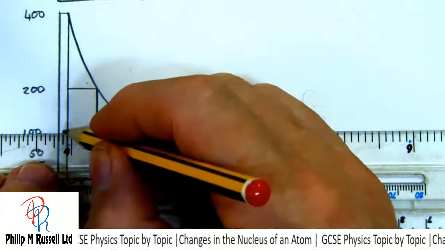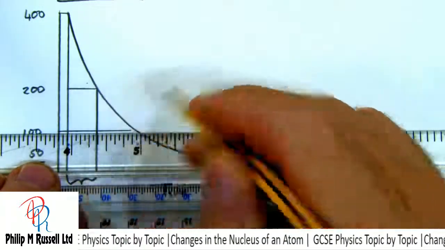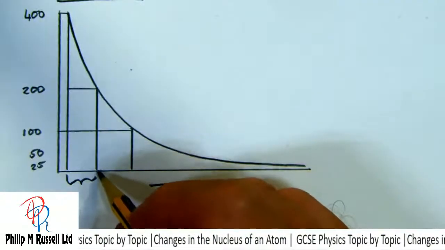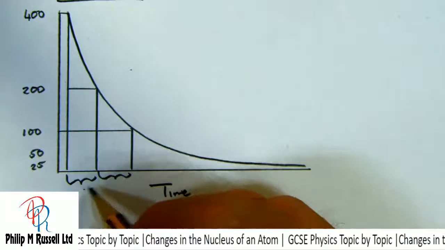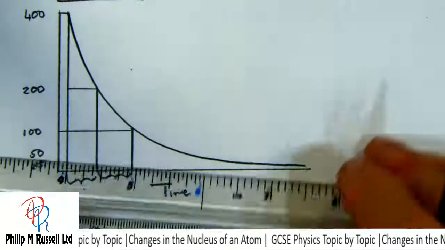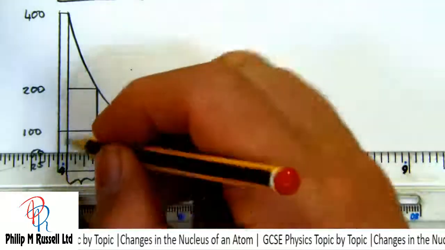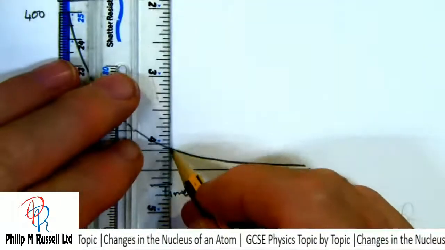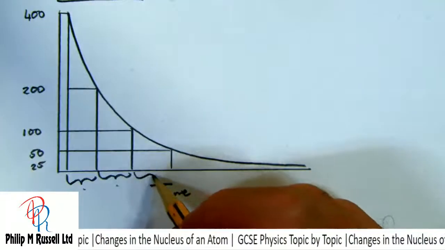We get to 100 and we measure this one, and we find that this distance is the same as that distance, the time for half to decay. And we look at 50, and that distance is the same.